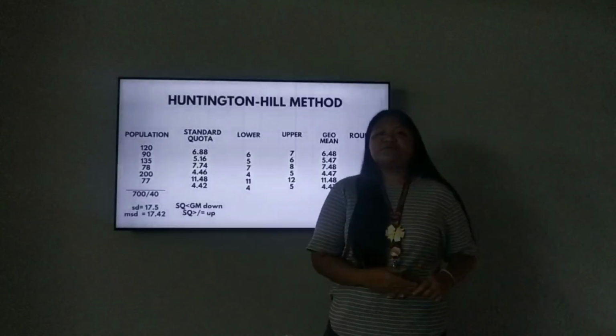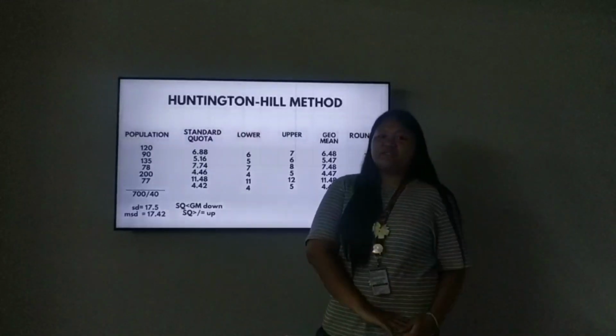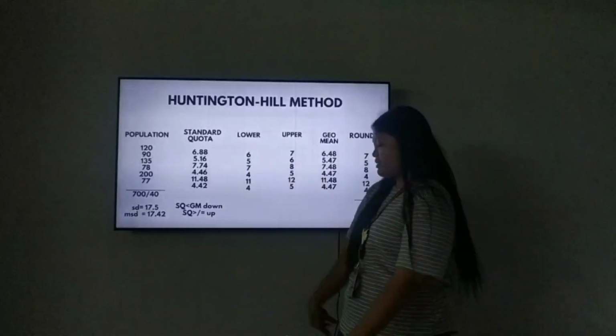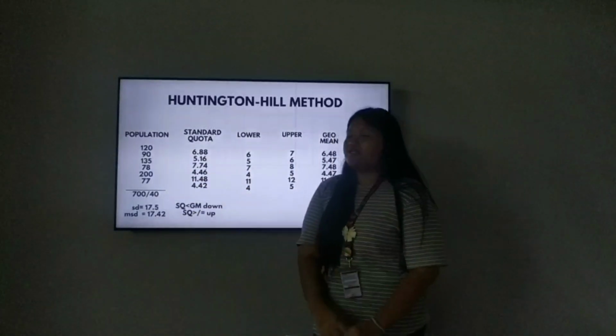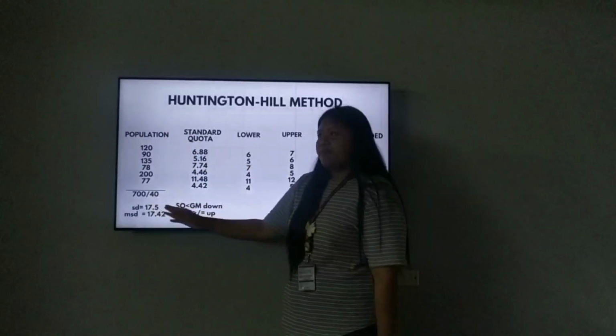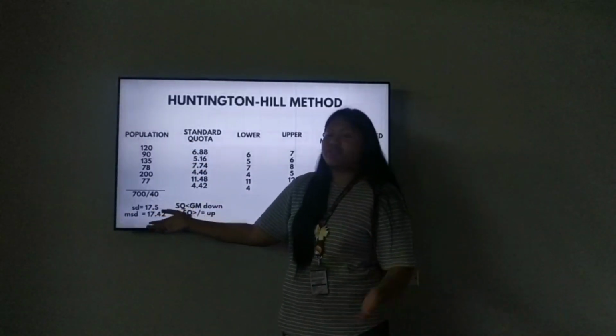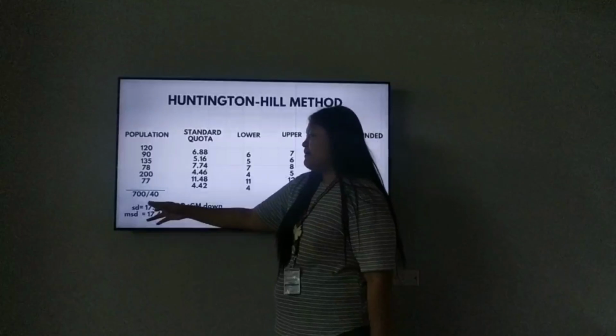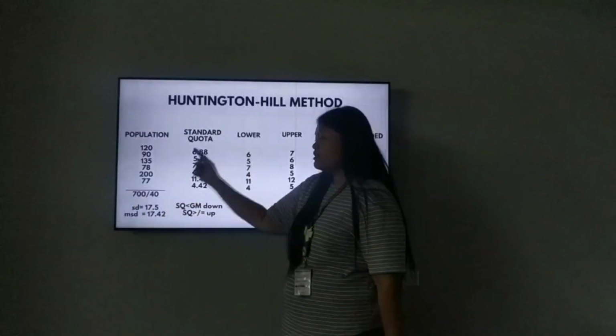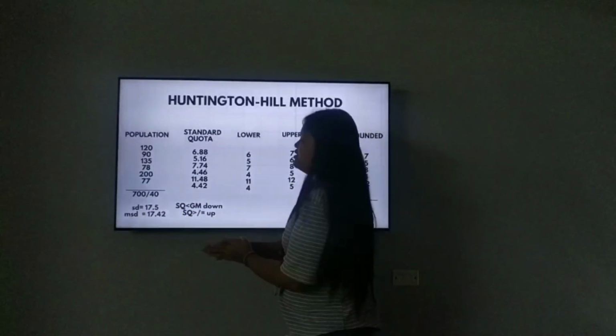Now, using the previous example, let's calculate it using the Huntington-Hill method. Same process: add them all up and divide to get the standard divisor, which is 700 divided by 40 equals 17.5.